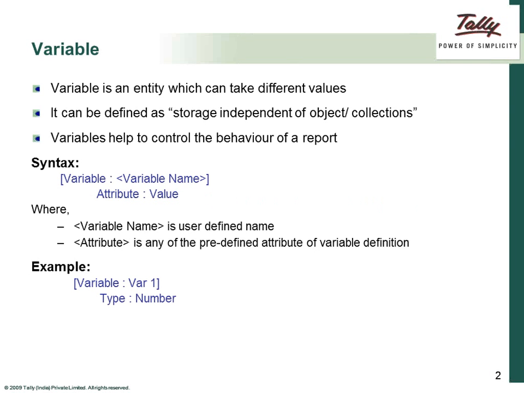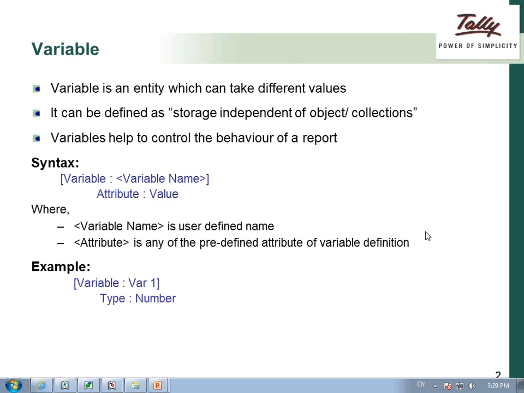So we start with something very basic, a variable. Now, what's a variable? A variable is an entity which can take different values, and it is independent of your database. It does not matter what you have in your database. The variable is completely independent of that database.